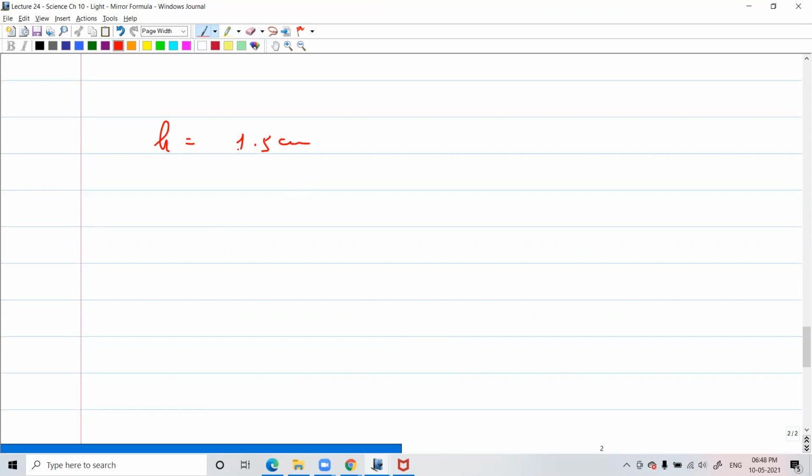While doing the magnification calculation, you can convert it to a fraction. You can write it as 3 by 2 and do the calculations, or you can do calculations using 1.5 also. We will take up questions and then this will make sense to you. So object height or image height can be in decimals. There is no problem with that.